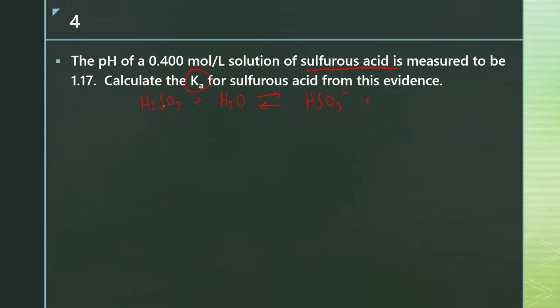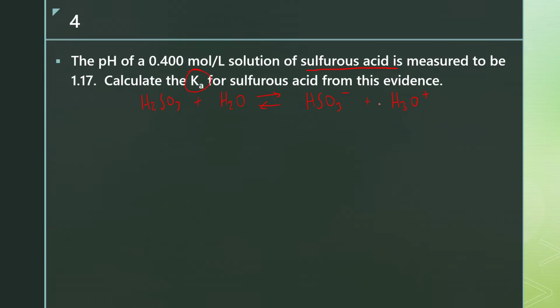And then that H is going to be transferred onto H2O to become H3O positive. That's hydronium. That's a key piece of evidence that we have an acid that just ionized because it was able to produce that. Now, we want to find that Ka value.